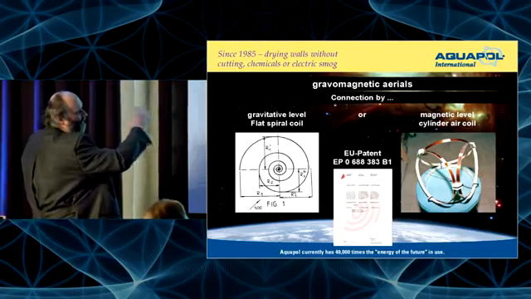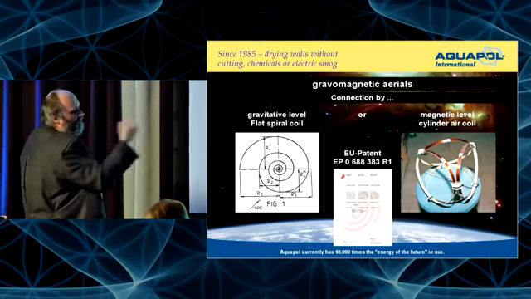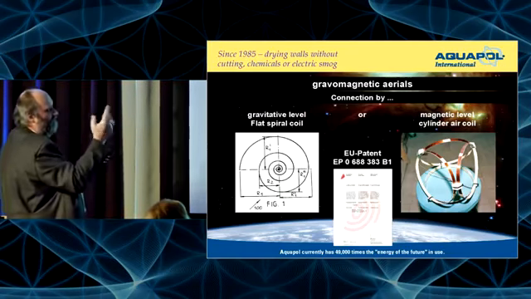But it's similar. And then on the magnetic level, you can receive this gravomagnetic energy, which I will show you afterwards, with magnetic coils. So you have 2 levels. When you have an electromagnetic wave, you can receive it in 2 different kinds of levels.